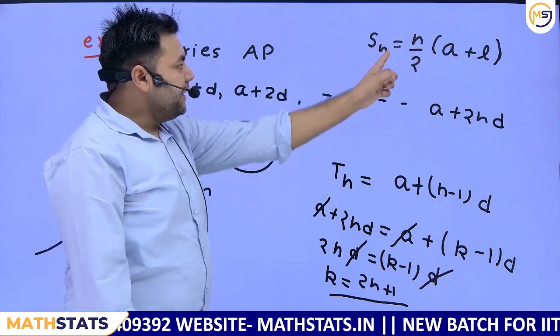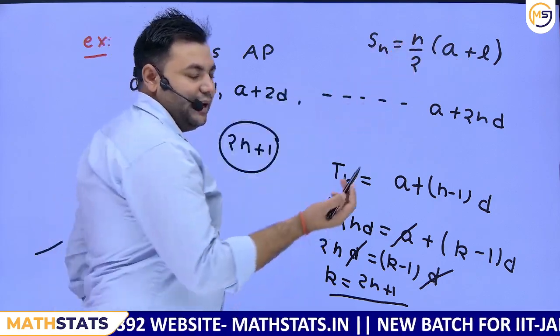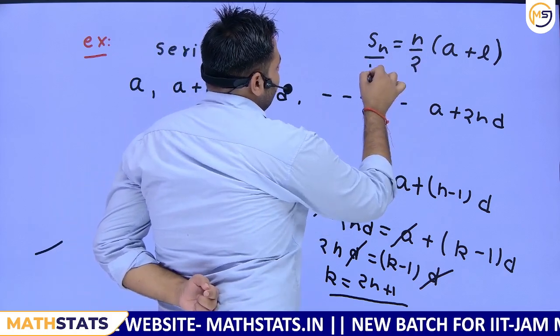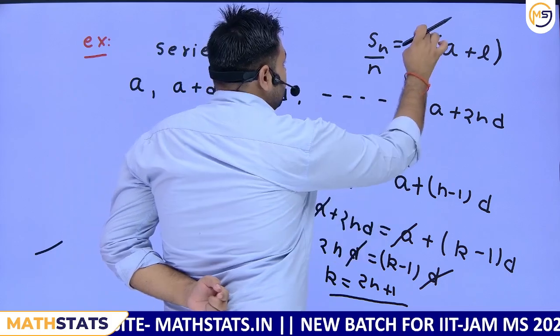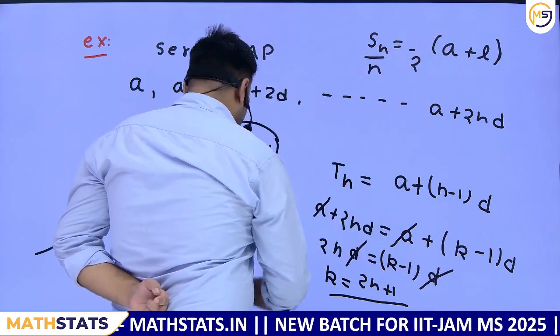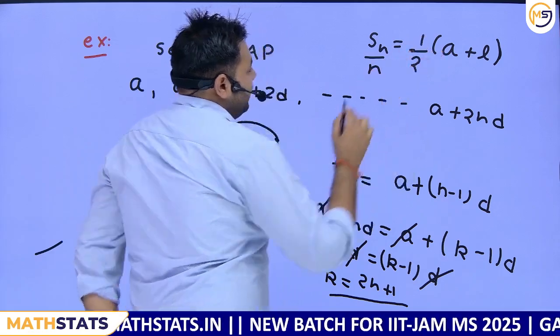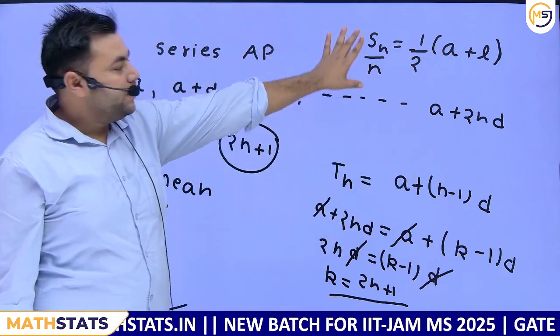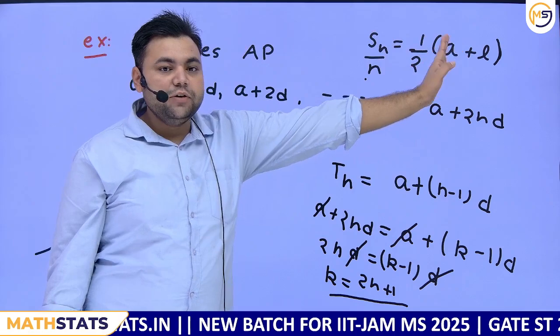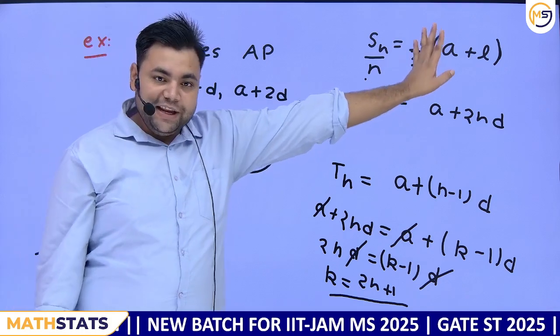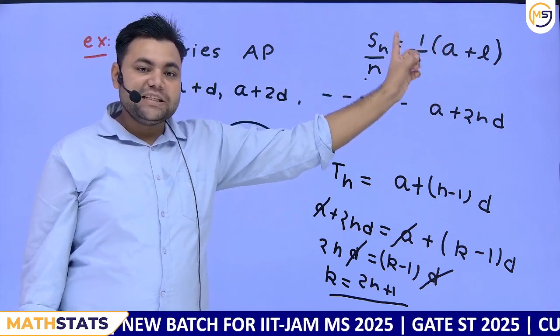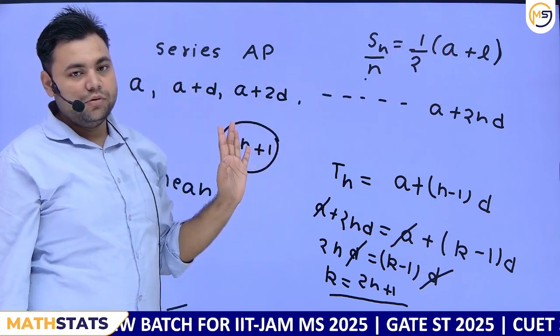Now if we divide by n, we get the mean. So Sn by n equal to mean, and this mean equals the first plus last term by 2. So the mean of any AP series is the first plus last term by 2.